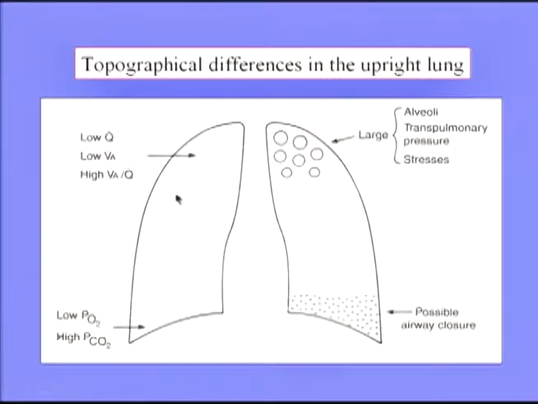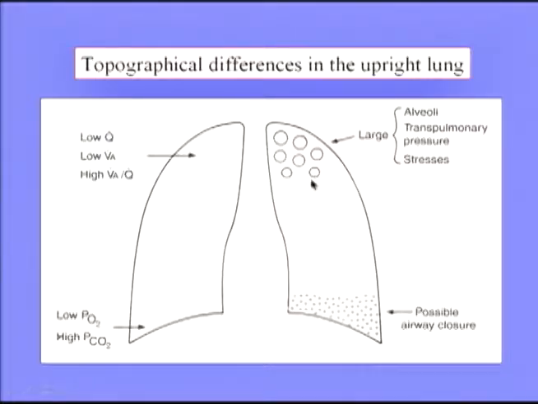On this side, we can see that because of gravitational factors, the blood flow is different, being lower at the top of the lung than the bottom, and the ventilation is also different, but with a smaller difference, and therefore the ventilation perfusion ratio is high, and there are differences in the PO2 and PCO2.